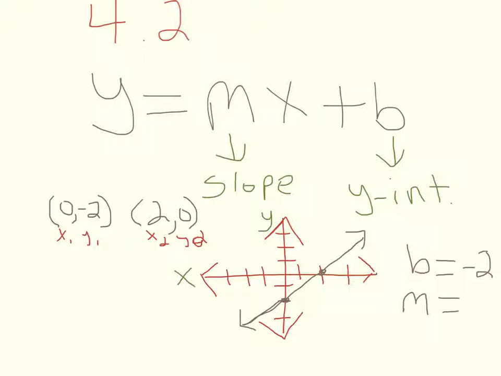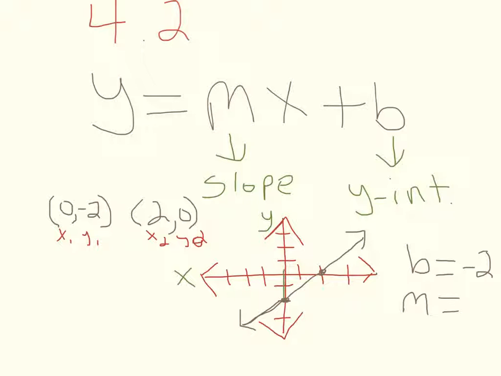Or I could do something else, which would be to go from the first point I see from the left side and see how far I have to go up, what is the rise, and what is the run, to go from one point to the next. So I could go like this, counting how many times up I have to go to get to the location where the other point is. 1, 2.